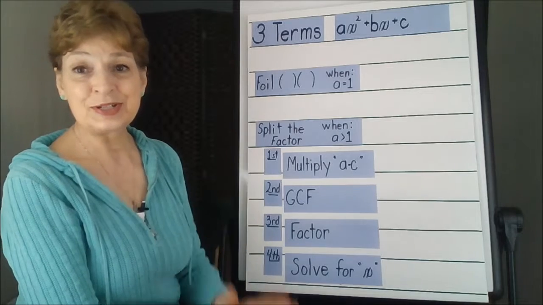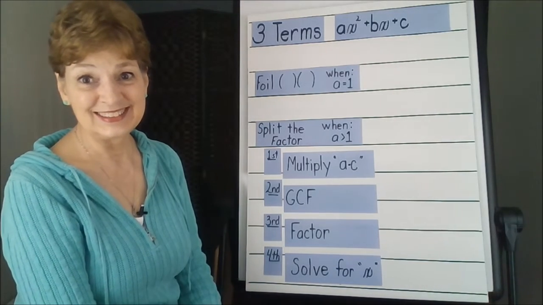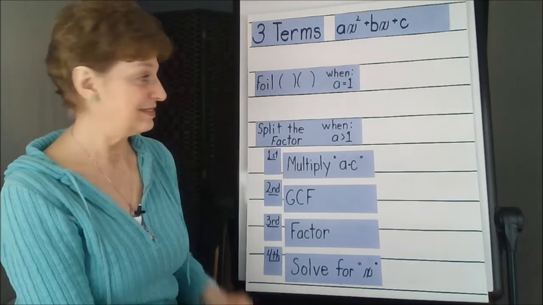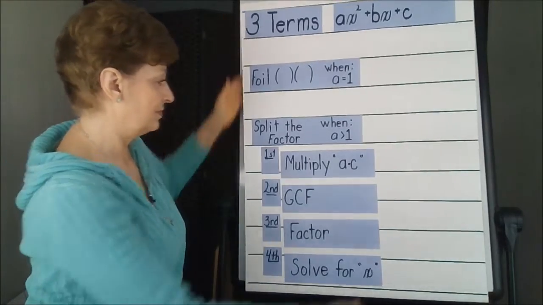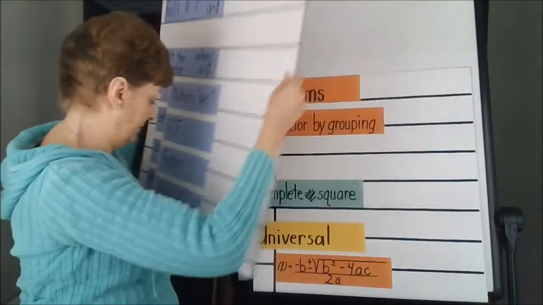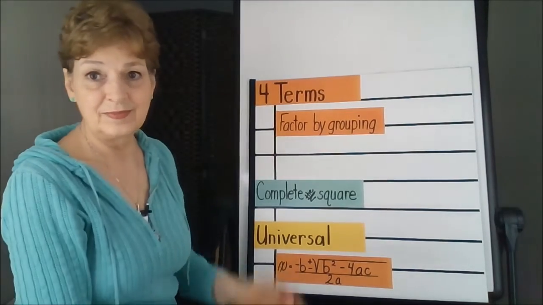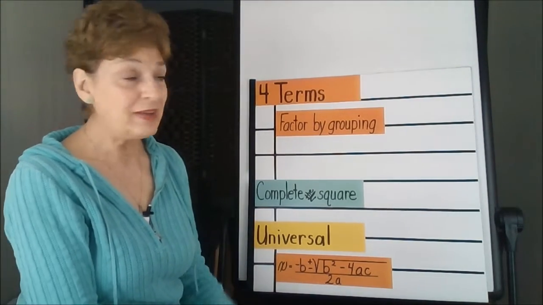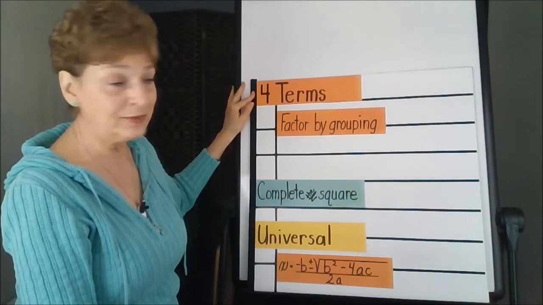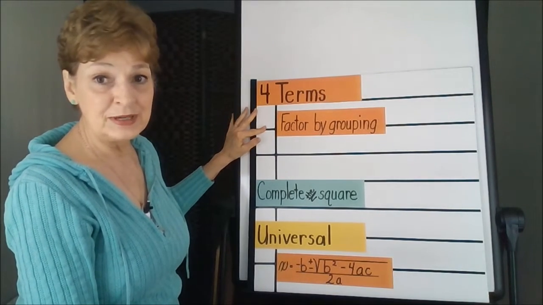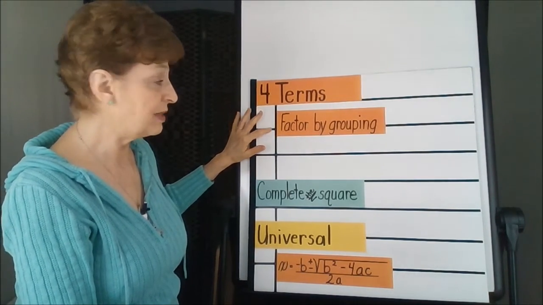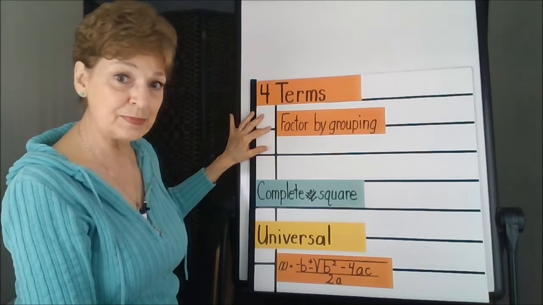For now, just write them into your notes. If you have a 4-term polynomial, we might be able to attack it by factoring by grouping. Again, I'll explain later.